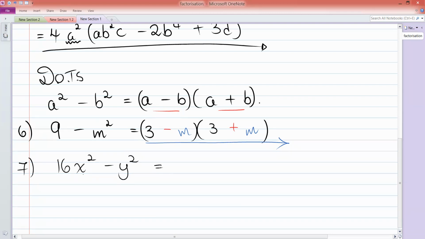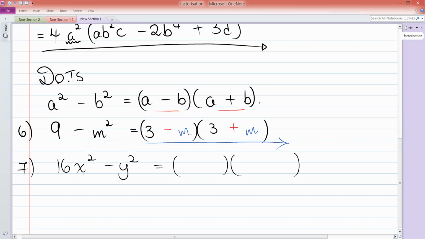This is also an example of a difference of 2 squares. Okay. Right. So for this one, again, same process, right? You're going to have your 2 brackets. And then let's think about the 16x squared.